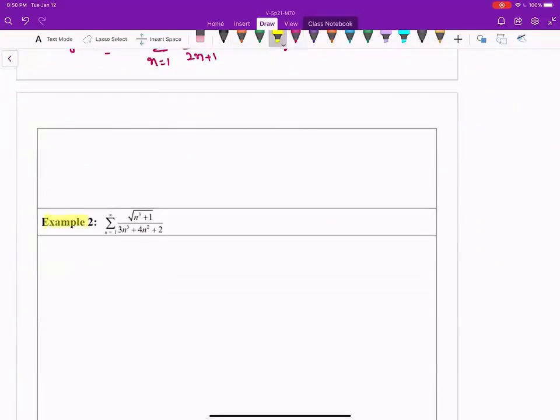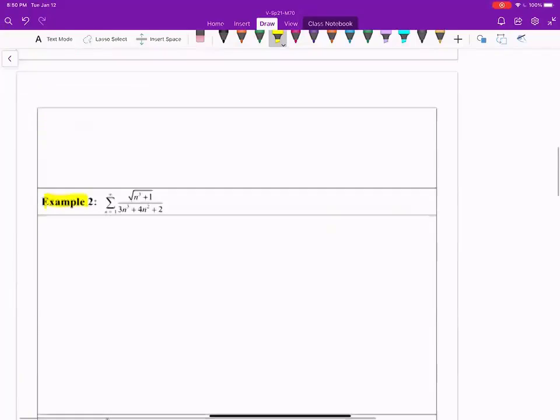Now, next example: sigma n varying from 1 through infinity, square root of n cube plus 1 divided by 3n cube plus 4n square plus 2. You notice here the expression is again rational.